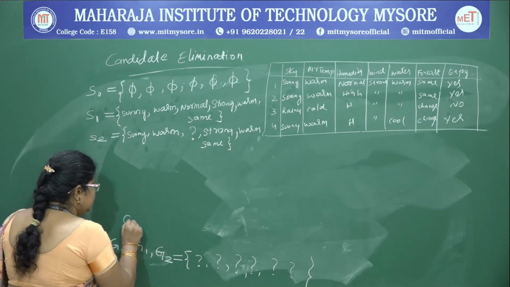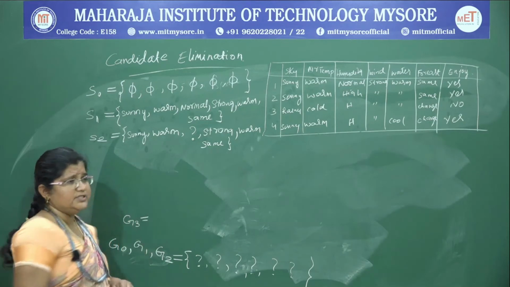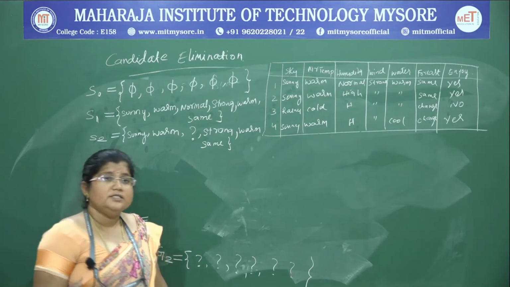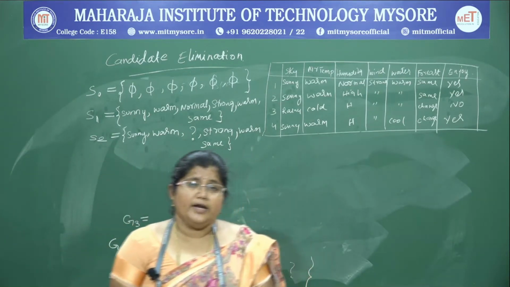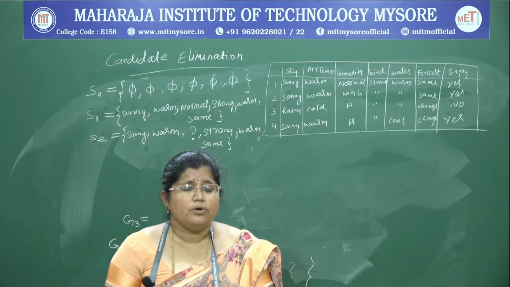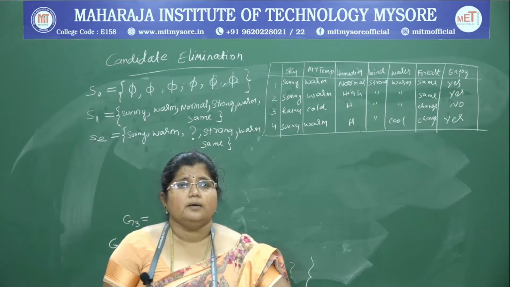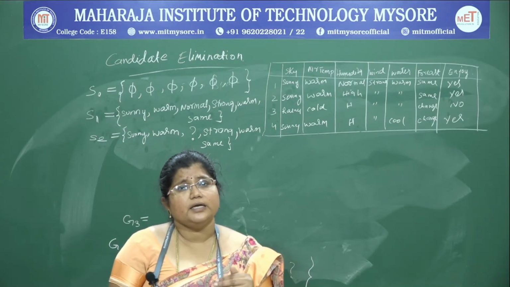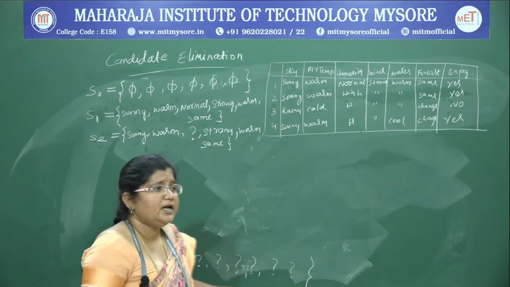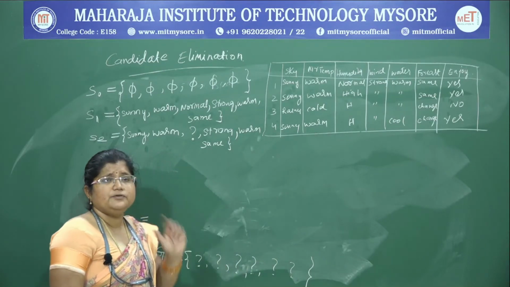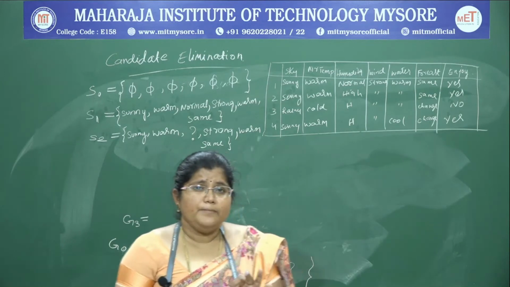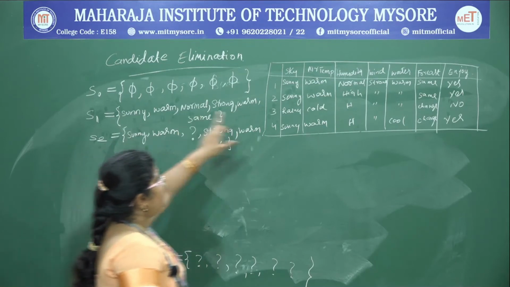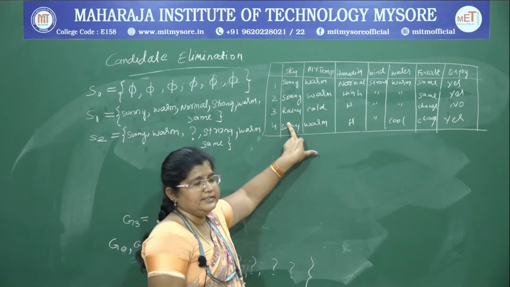G3 is the hypothesis where the maximally general hypothesis is converted into a specific hypothesis by comparing the previous hypothesis with the negative training example.